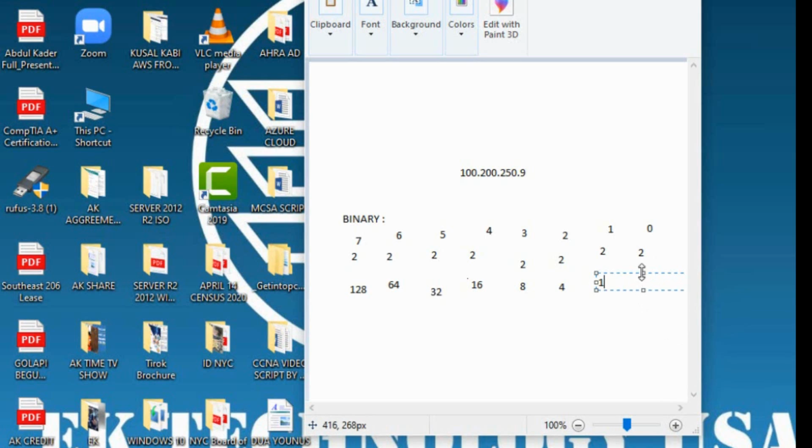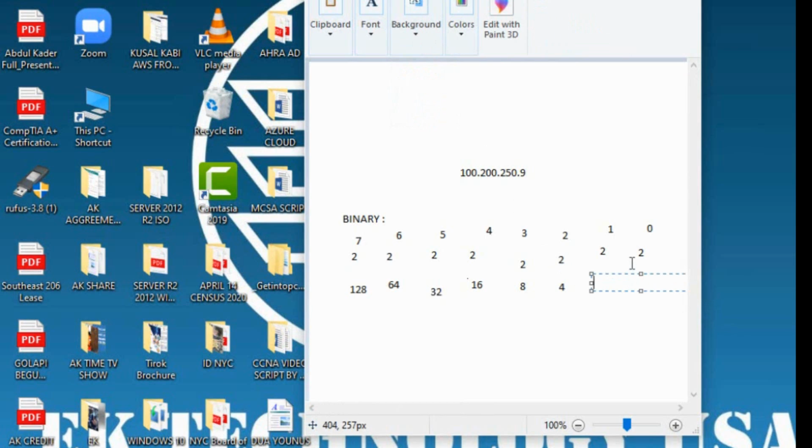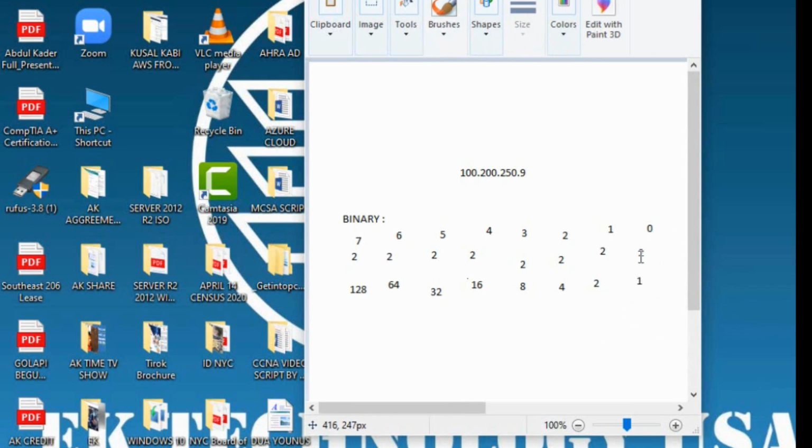And 2 to the power 0 is 1, the value is only 1.